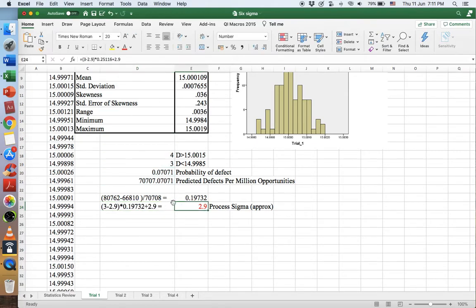It's a curve, and so this is just a linear approximation, but it does give us a rough estimate pretty close to our sigma value here, our process sigma. And so it says we got a process sigma of 2.9.